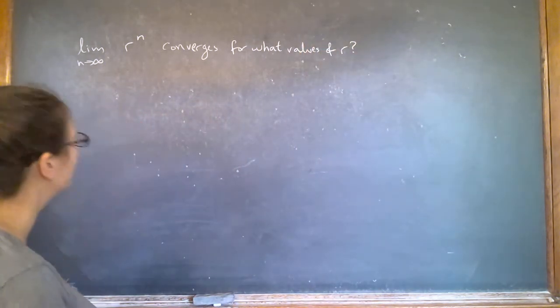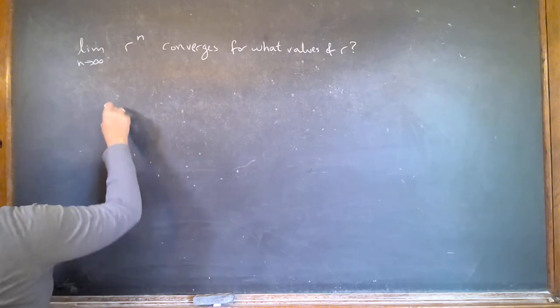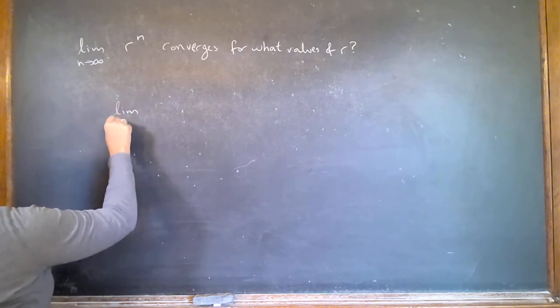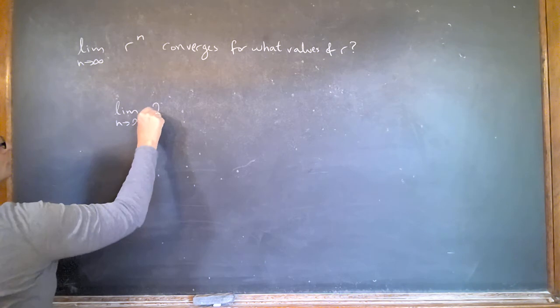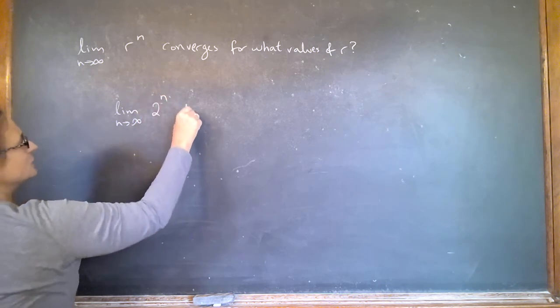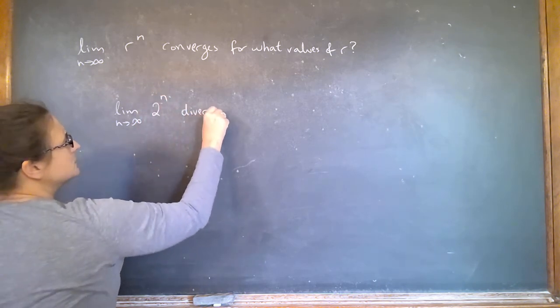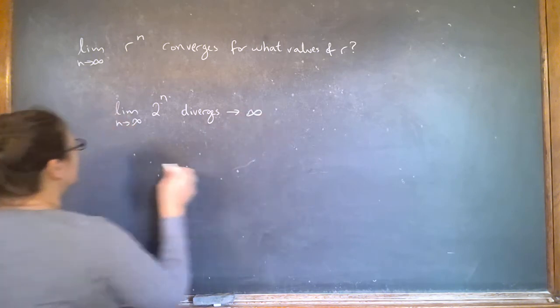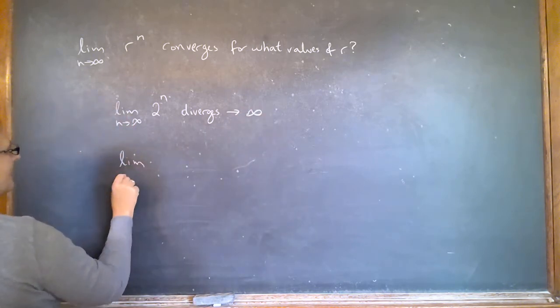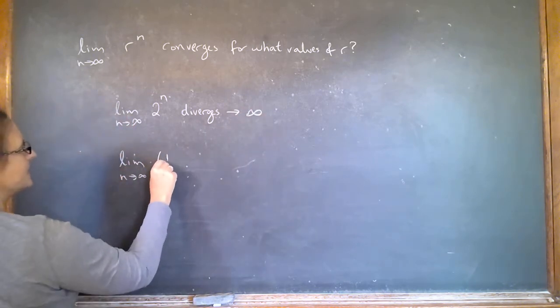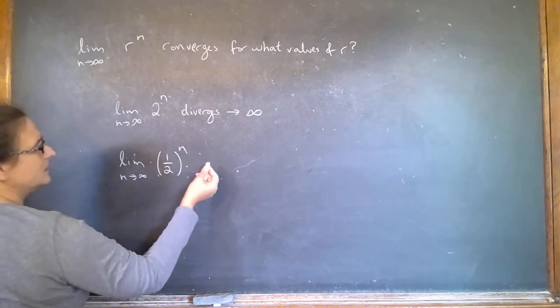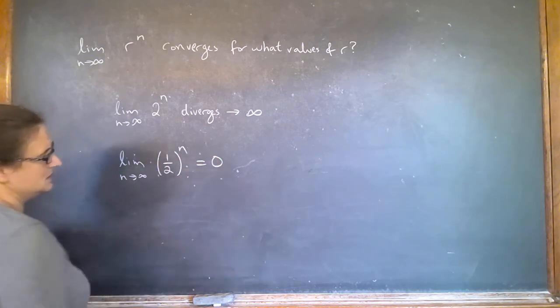For example, we already saw when we looked at just some pictures, if r was 2, this diverges, because it goes to infinity. But when I had r being 1/2, this converged to 0.